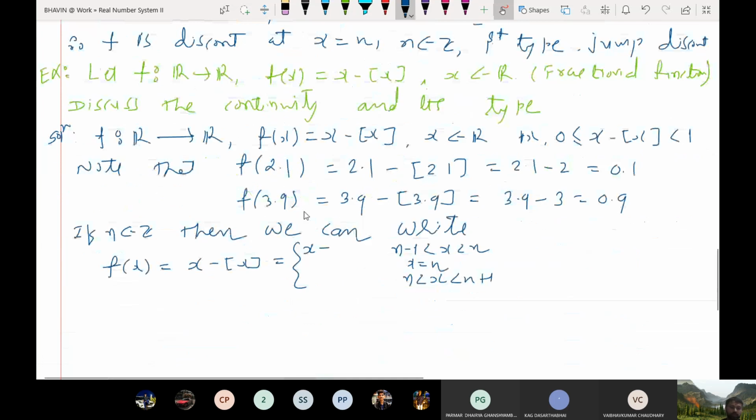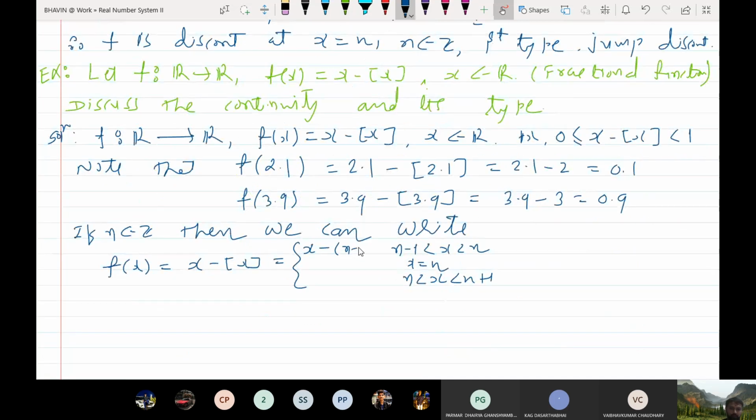So I should write here x minus (n minus 1). Here, if you take x equal to n, box of n is n, so n minus n is 0. Or you may just write it this way, this equal to 0. And here you will get x minus n. So this is the definition of the function.